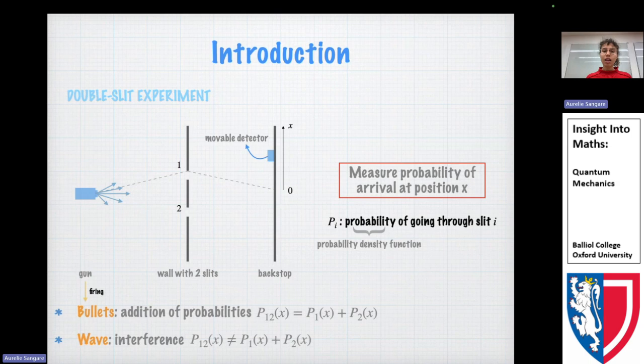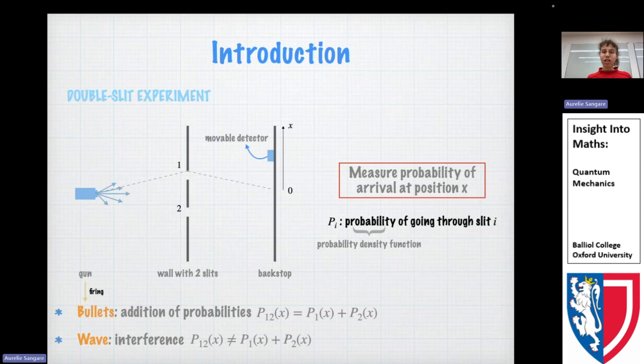So let me discuss the general law of addition of probabilities. The law of addition of probabilities is that if you have two events A and B, then the probability of the union, A union B, which means either A happens or B happens or both, P of A union B, is equal to P of A plus P of B minus P of A intersection B. So it is the probability P of A that A happens plus the probability P of B that B happens minus the probability of the intersection.